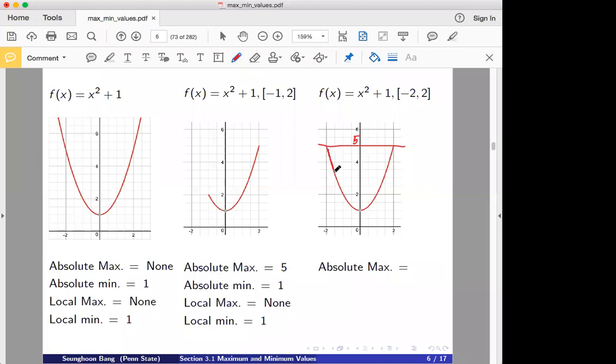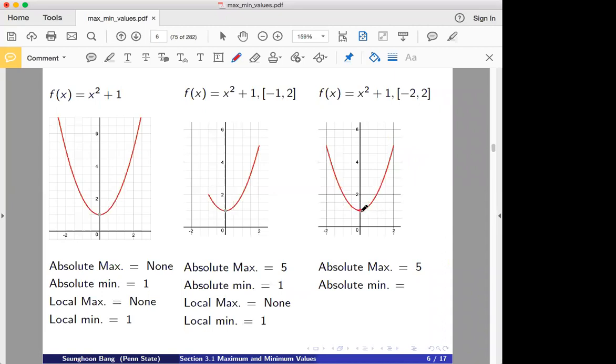All function values are below y equals 5. It doesn't matter that two x values have the same y value, not a problem. This 5 is absolute maximum. So here, f of 2, f of negative 2. Only one y value. It's good. Absolute maximum. Absolute minimum.